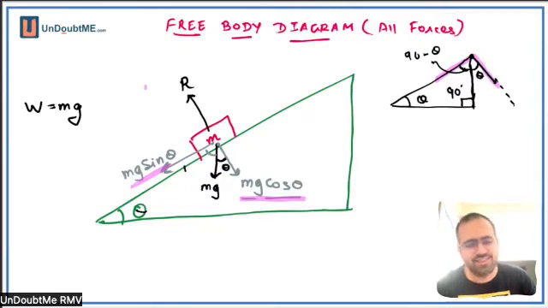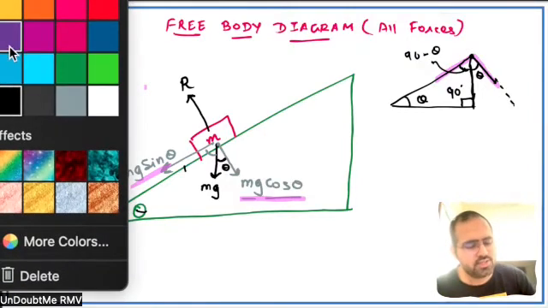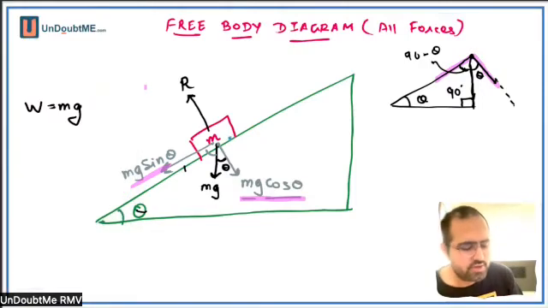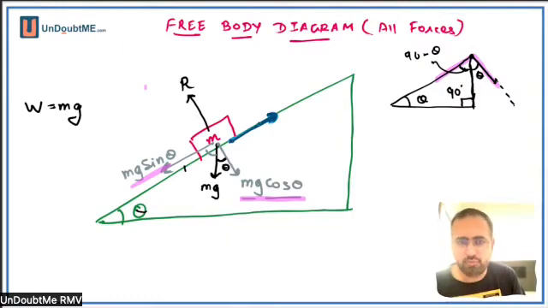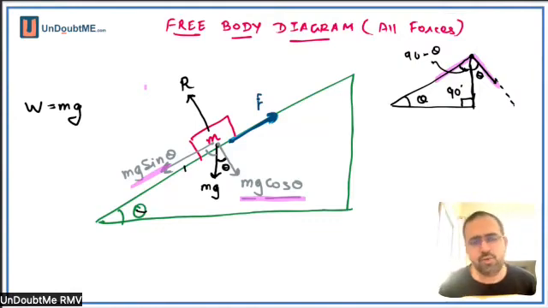Now, do you know why I told you the whole story? Just to make you understand that if a body has a tendency to move in the downward direction, the force of friction will always act opposite to that. So the force of friction will always act opposite to the direction of motion. When I say that, you will have a question: the body is not moving, so how can you say direction of motion?